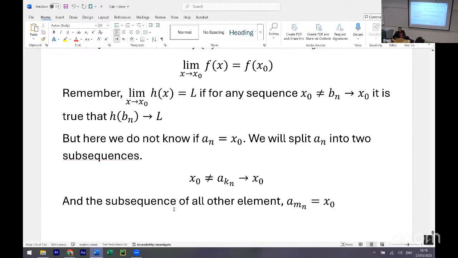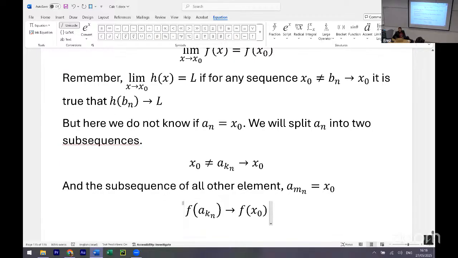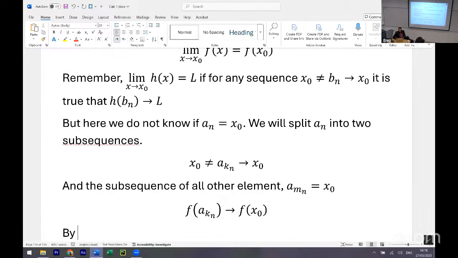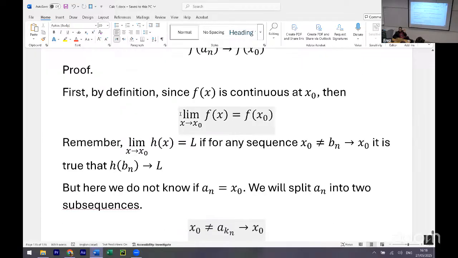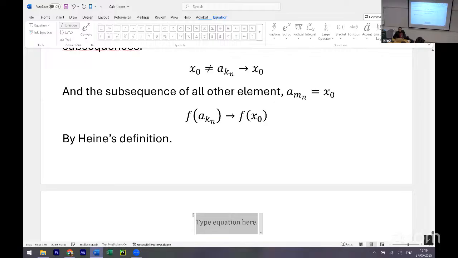Now, f of a_k_n tends to f of x0 because that's by the very definition, by a Heine definition of a limit, because this is a sequence that is close to x0 but never actually reaches x0. That is what we are allowed to plug in into f. But what about f of a_m_n, the other sequence?